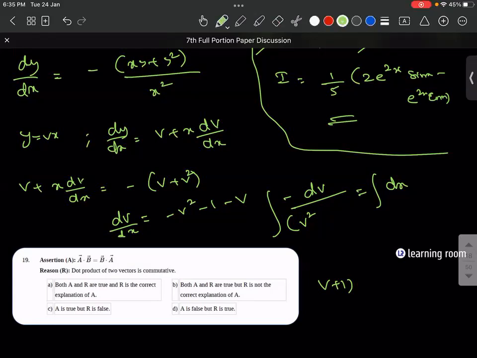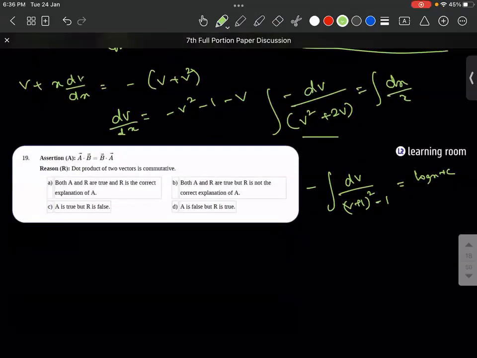Sir, and dx by x, sir. Oh, x is there. Okay, dx by x is there. So you'll have v square plus v, then negative of dv divided by, you can write this as v plus 1 the whole square minus 1 is equal to log x plus c. This is a formula, 1 by a square minus x square.